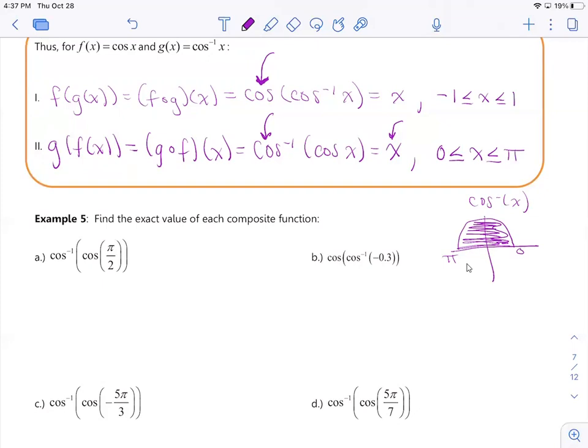But again, we have to make sure that it's living where it can live. So does pi over 2 live within 0 to pi? Within here? Yep, pi over 2 is here. So I didn't go into any quadrant I couldn't go into. It's within my domain restriction, so it's just pi over 2.